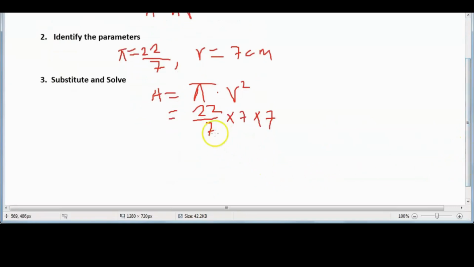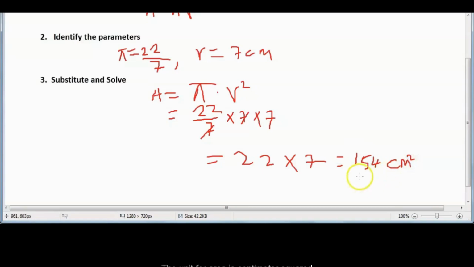So one of the 7s cancels one of the 7s. You'll be left with 22 times 7, which is 154 centimeter square. That is the final answer. The unit for area is centimeter square. That's it on circles.